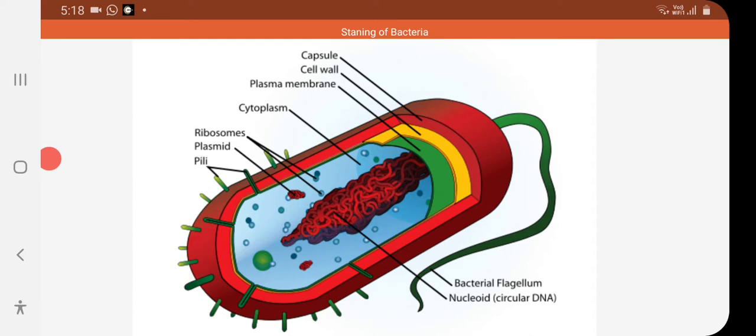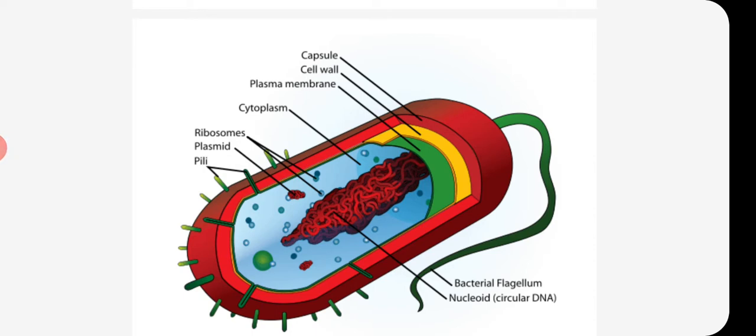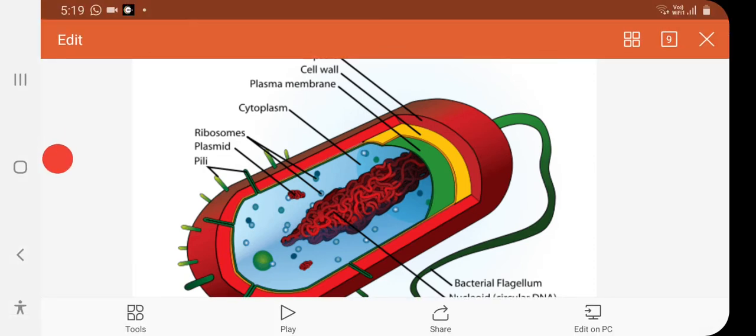Here it is also known as glycocalyx, capsule or glycocalyx. Chiefly, it is made up of polypeptides, polysaccharides, sometimes both materials together.